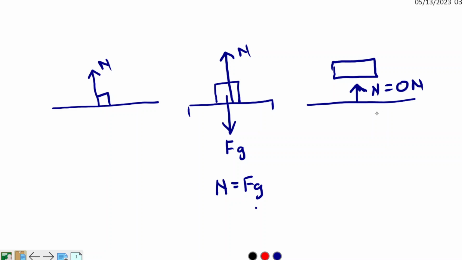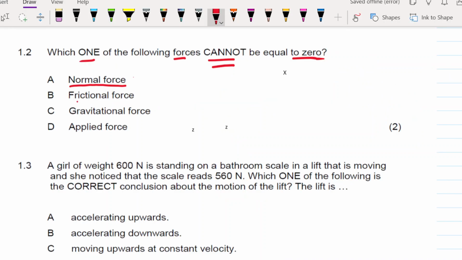The normal force will only be equal to the weight when the block is in contact with the surface. So that proves that the normal force can be equal to zero. So it cannot be option A, because we are looking for a force that cannot be equal to zero.